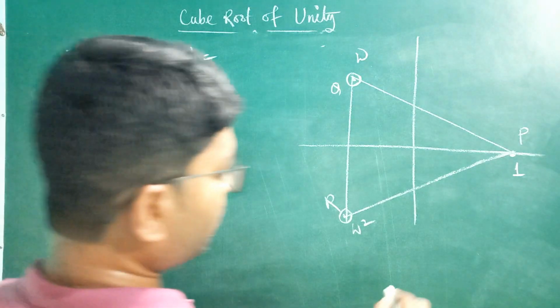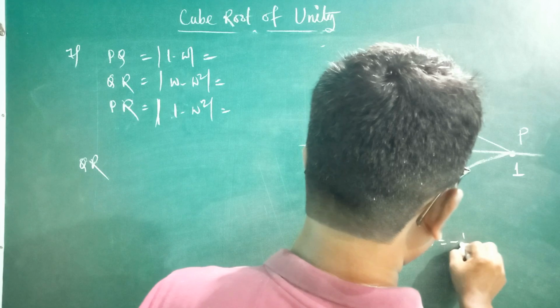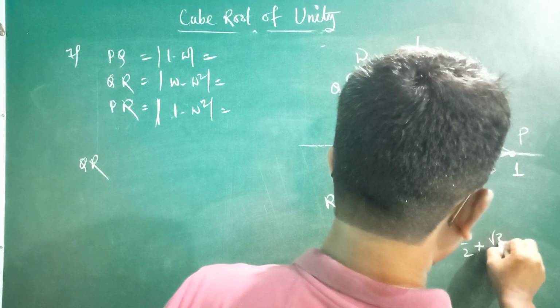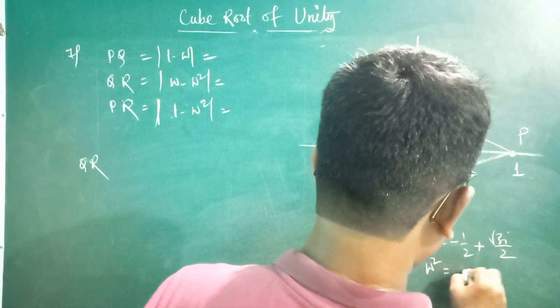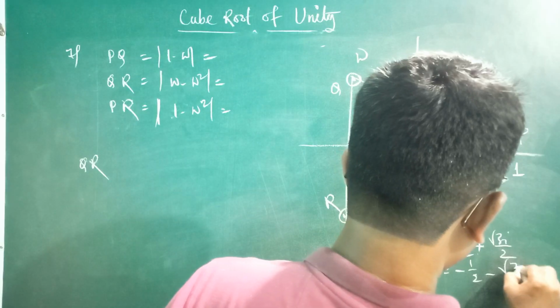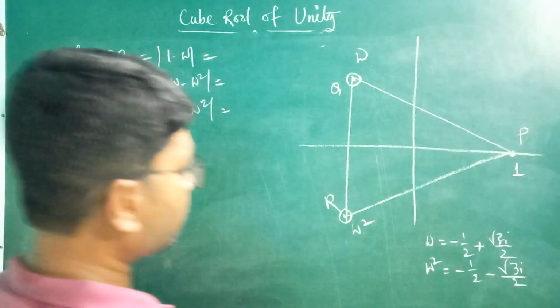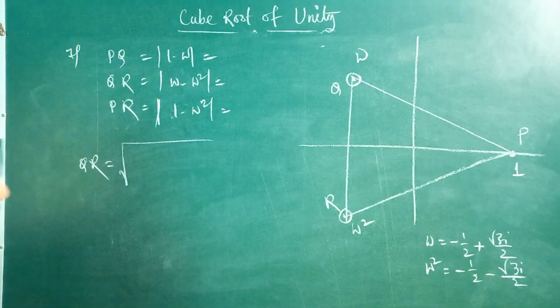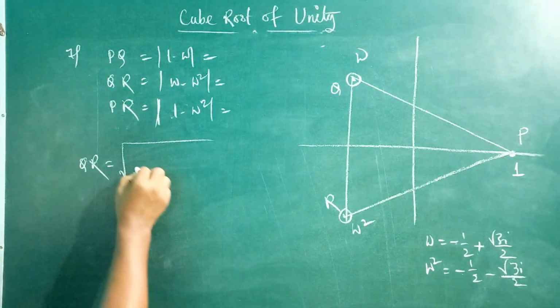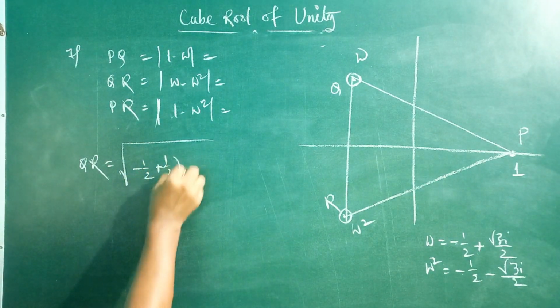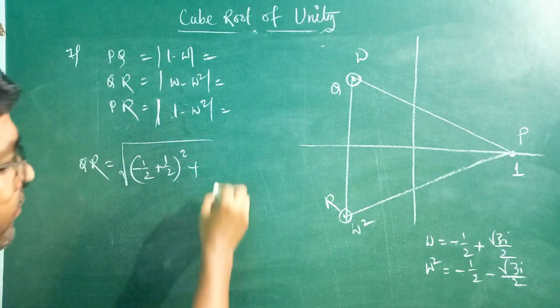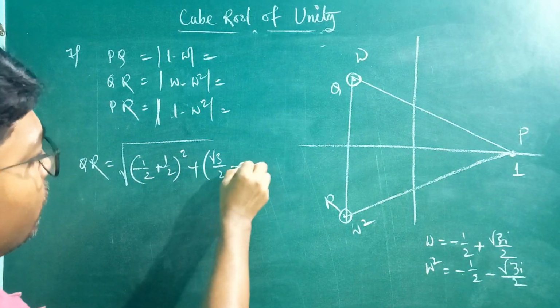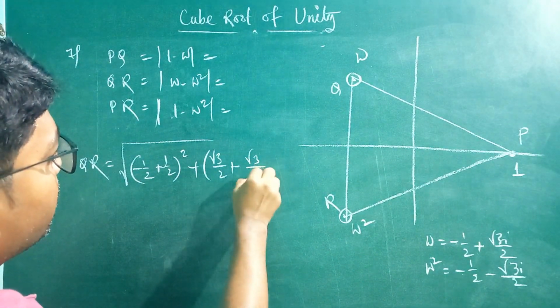So what is our omega? Omega means minus half plus root 3 i by 2, and omega square means minus half minus root 3 i by 2. So we will check, this will be the square root of the square of the difference plus the square of the difference of root 3 i by 2 terms.